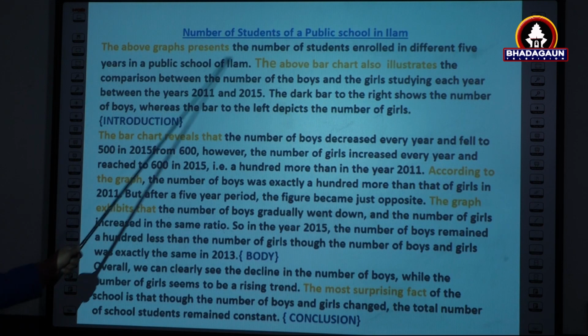So, I have highlighted here some of the sentences, some of the language functions that are very necessary to pick up and put in your answer. We have already discussed some of the language functions necessary to present your answer.